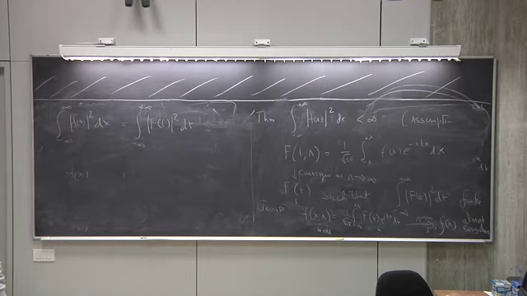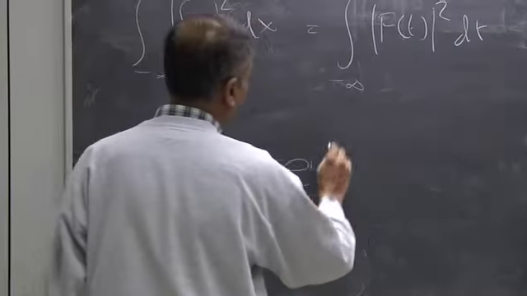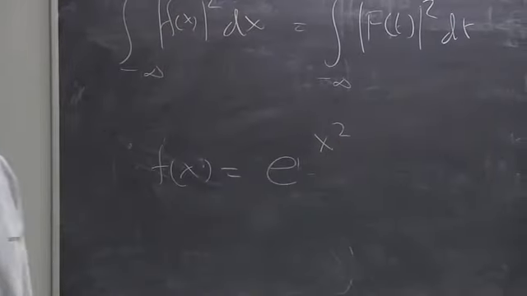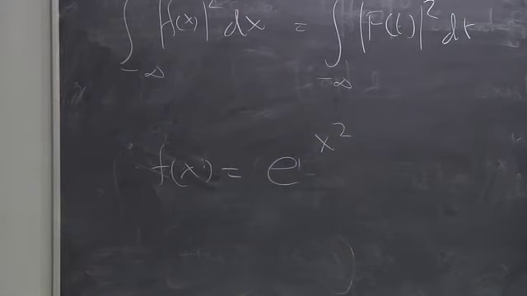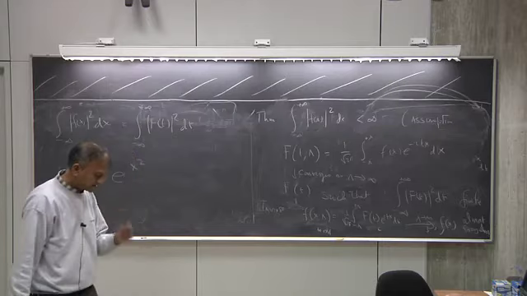You should have some good behavior at infinity; then the Fourier transform always exists. Imagine taking f of x as exponentially blowing up, like e to the x square. This will have no Fourier transform. I think maybe I'll just consider some examples.